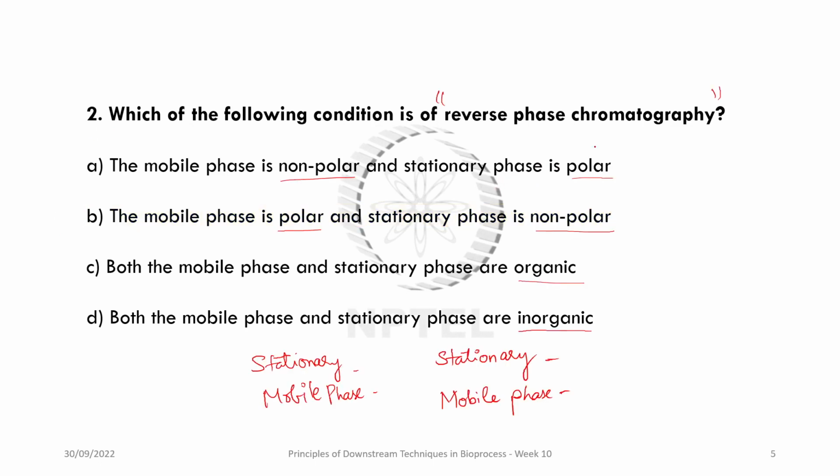Mostly you see reverse phase in hydrophobic interaction or some cases of affinity chromatography, right? So in case of reverse, think about paper chromatography or thin layer chromatography. You had butanol, acetone, or water going over the stationary phase, right? So that is a case of normal phase or general case of chromatography.